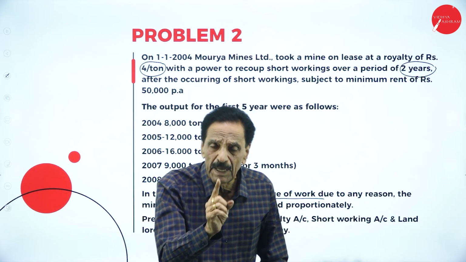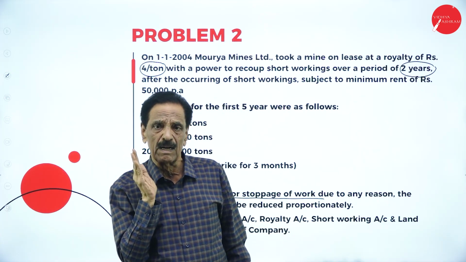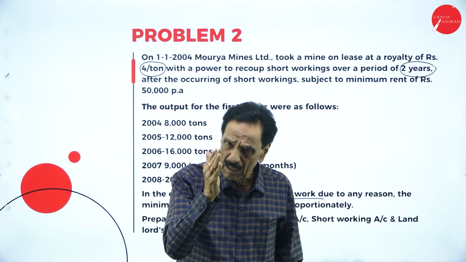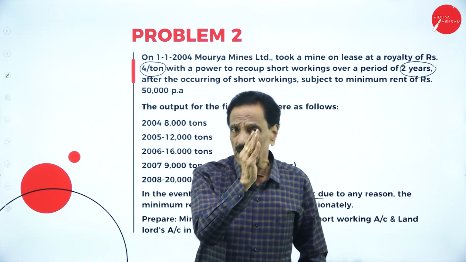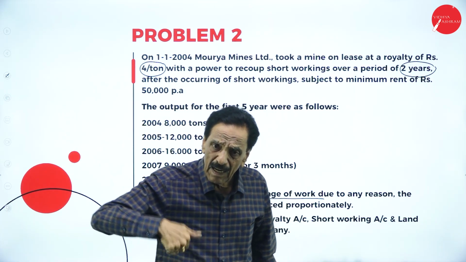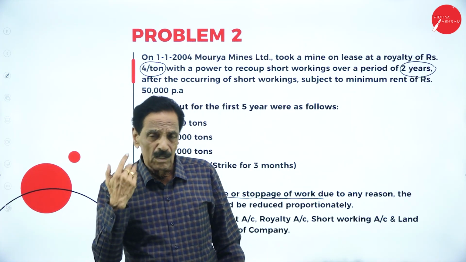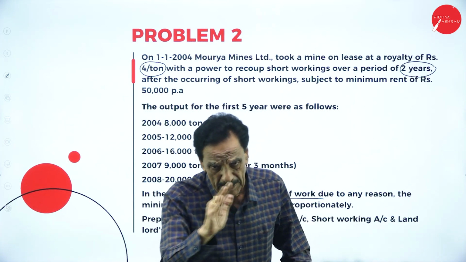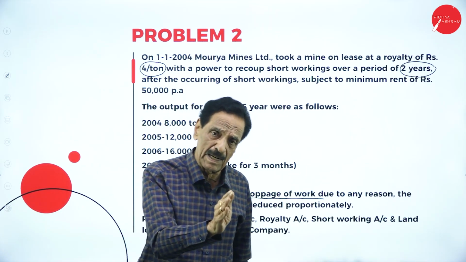What's the first entry? Minimum rent account debtor to landlord account. Second entry, royalties account debtor, short working account debtor to minimum rent account. Third entry, landlord account debtor to bank account, payment to landlord. Fourth entry, profit and loss account or production account debtor to royalties.